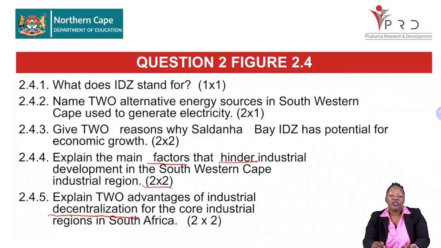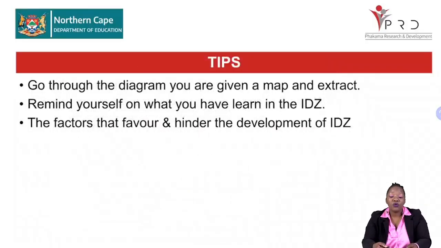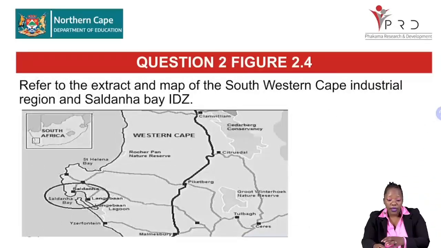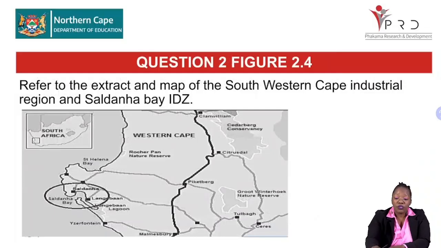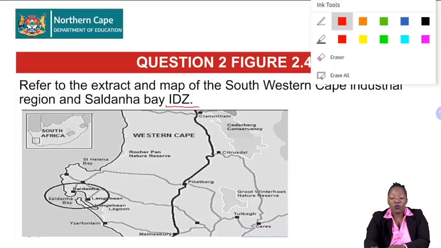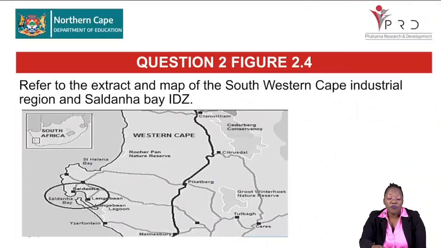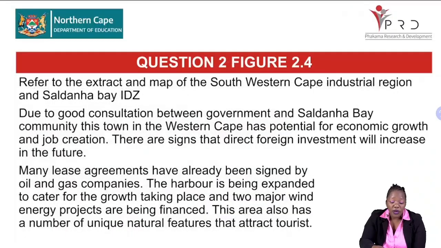So now that we have seen the questions, I'm going to allow you to go back to the diagram so that you can spot what you need to take down there. Remember, we start with the map. I'm just going to give you 1 minute to go through the map, what you can identify, and then after that, your 1 minute will be up. So let us go through the infographic or the extract.